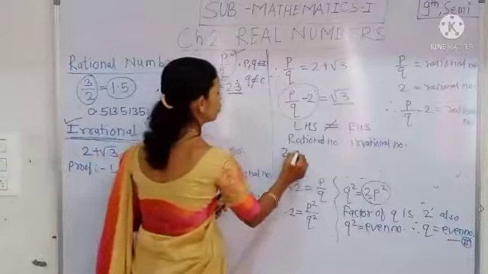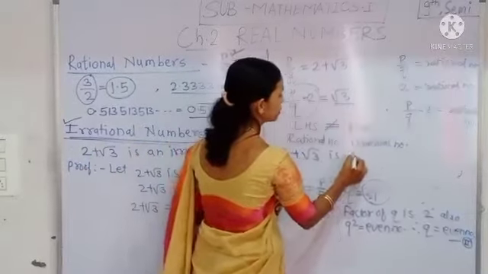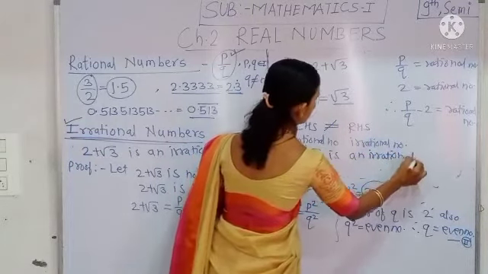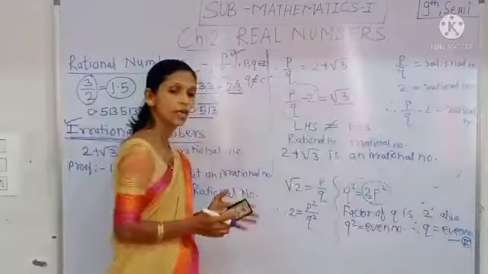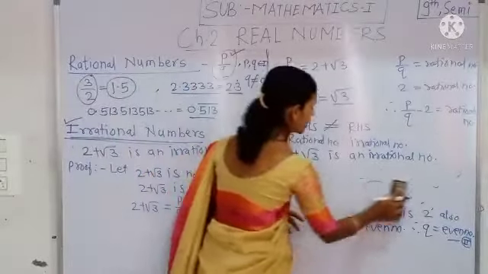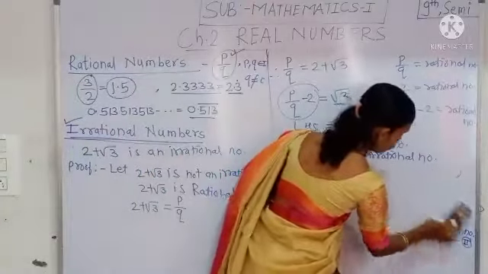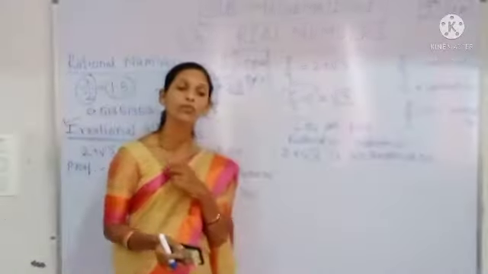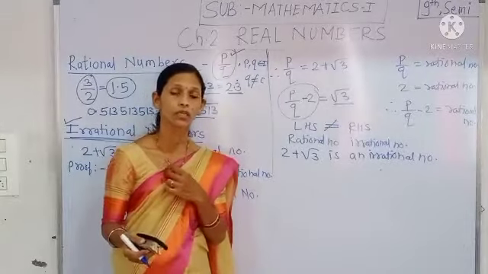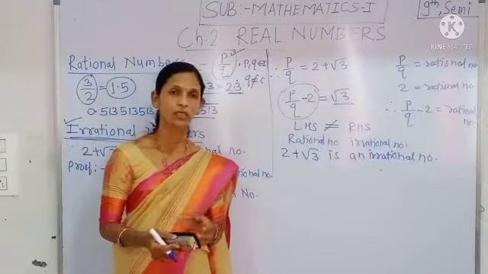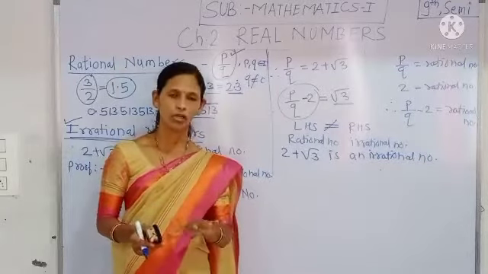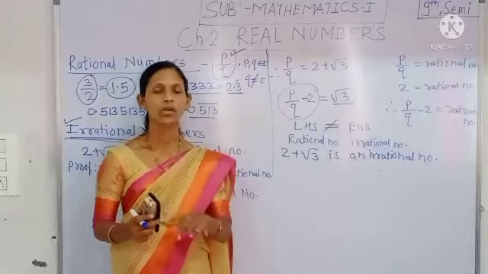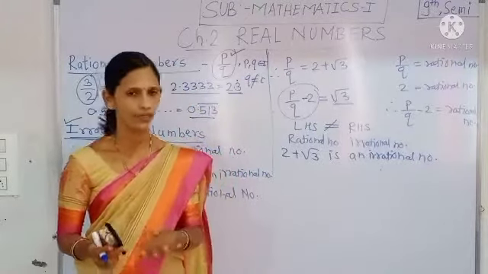Therefore, 2 plus root 3 is an irrational number. A similar type of proof we can give for other irrational numbers. Examples of this type are given in practice set 2.2; you may solve the examples from it.